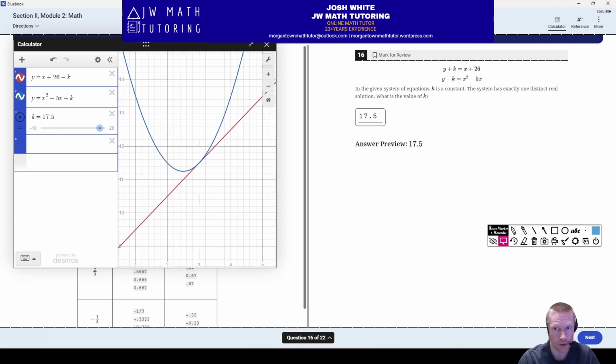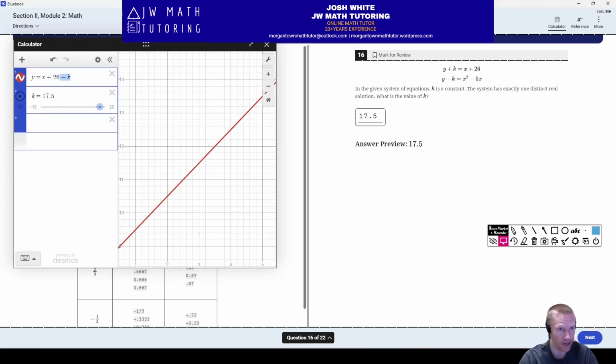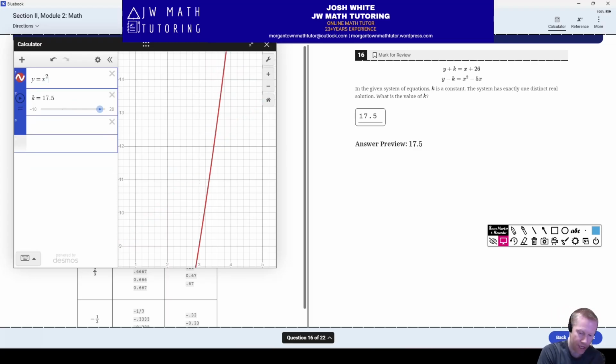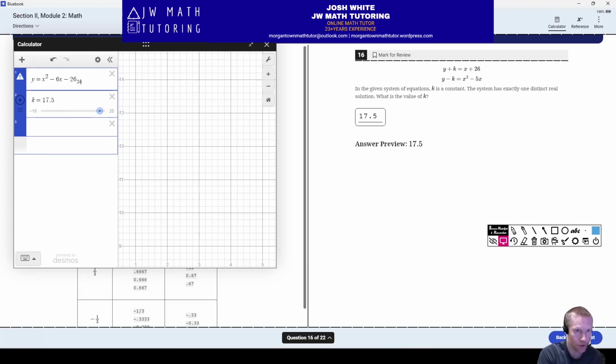Or you could also have gotten it the other way. You could do this, at least using Desmos just to save some of the time, is you could have gotten the x squared minus 6x minus 26 plus 2k.